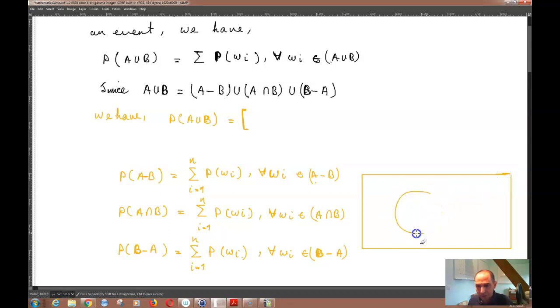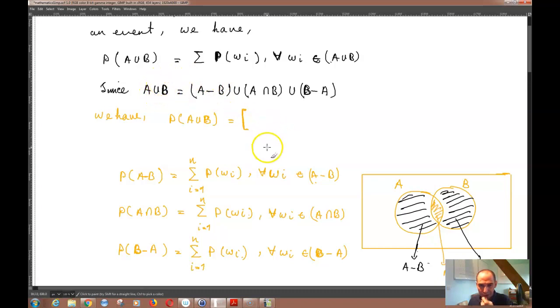If you have your A over here and your B over here, over here you would have A minus B, over here you would have B minus A, and over here you would have A intersection B. As you can see, these sets have nothing in common, and when you put all of them together, you will get A union B.